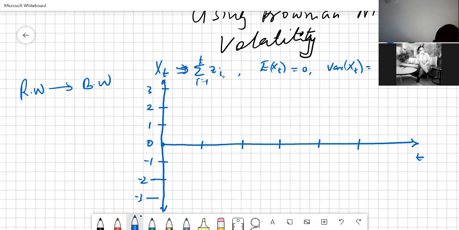So for a random walk X_T, we can talk of 1, 2, 3, 4, 5.